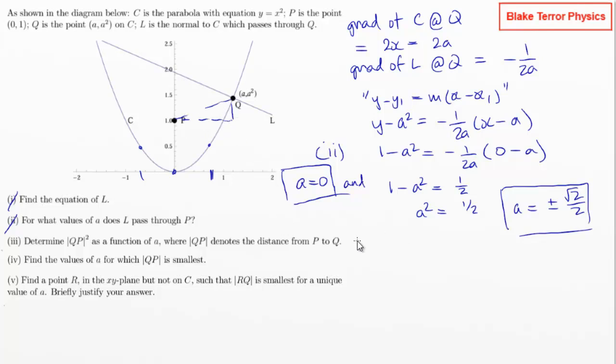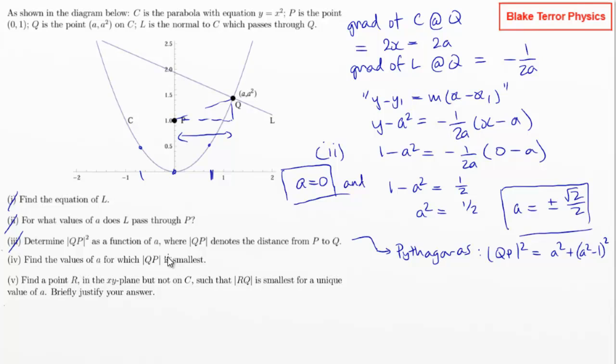So doing Pythagoras, that is going to give us that QP squared is going to be equal to a squared, and then we're going to have our change in y. Well, a squared because that's the x bit, the change in y is a squared minus 1, so we're going to want a squared minus 1, squared. So that's our QP squared. This is going along swimmingly.